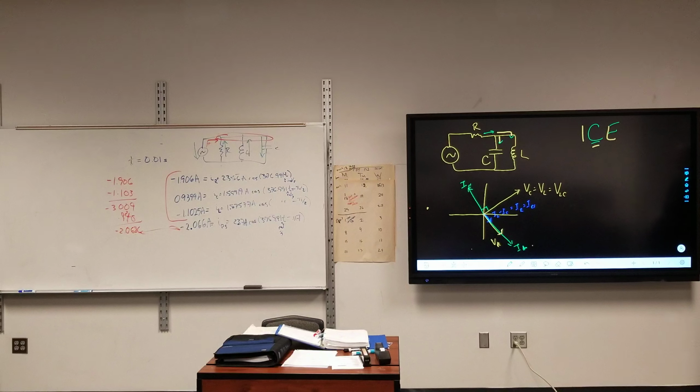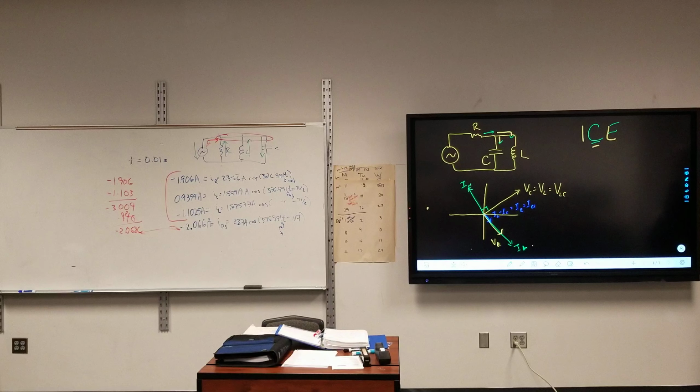Let's see if we can identify it by the phasor name: using the voltage phasor for capacitor and the voltage phasor for inductor, and then using the voltage phasor for resistance.